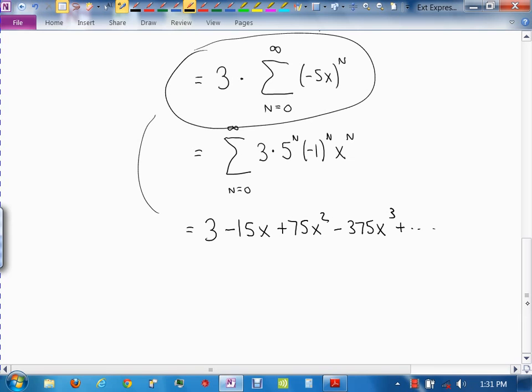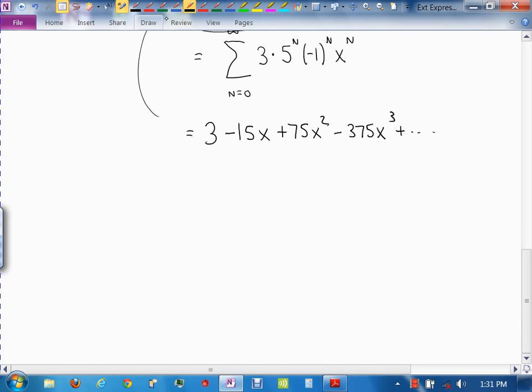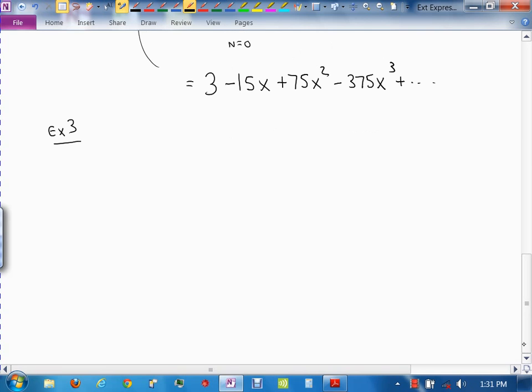Okay, next one. Ready for our third example. How does this seem so far, though? It's all right? You're right. Okay, example 3. Same thing. Express as a power series: 5 over 4 plus 3x.